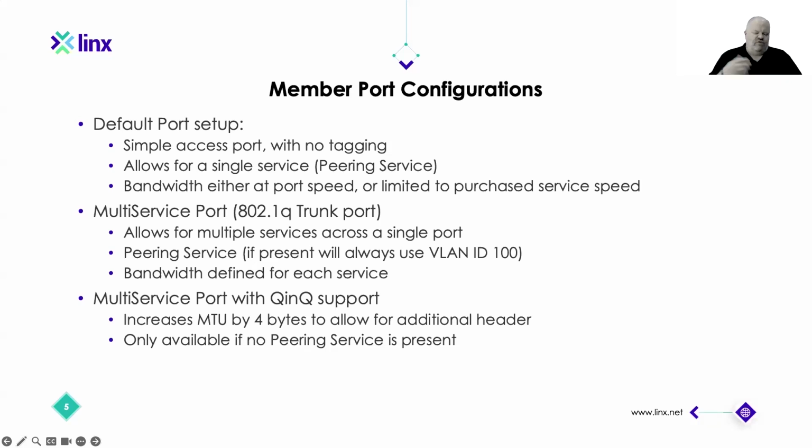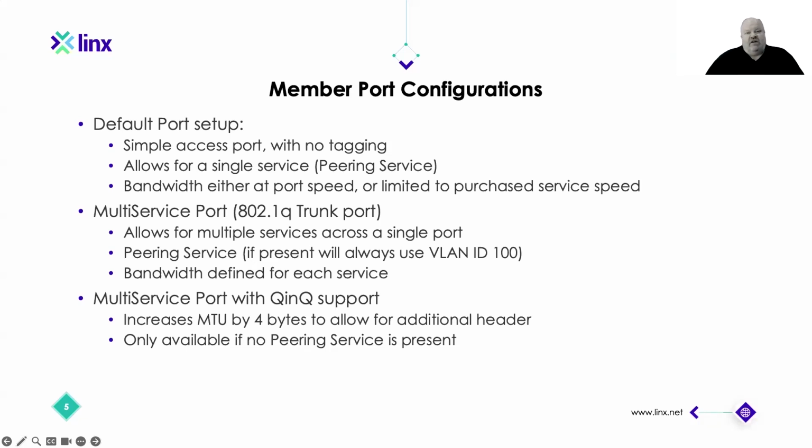But if you use Q&Q, you certainly are aware that means you need an additional 4 bytes in your header to represent the additional tag. So when you change a port to Q&Q, at our end, we increase the MTU of the port by 4 bytes so that you can still carry 1500 byte packets through that port. But that also means that if you enable Q&Q, you can really only use that port for these additional services.